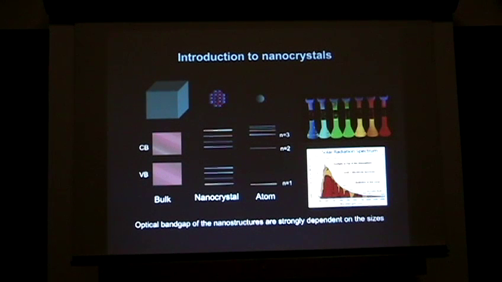So this size tunability has attracted attention for using nanocrystals as materials for solar cells, because you can change the band gap to match the solar spectrum, so it can maximize the efficiency.